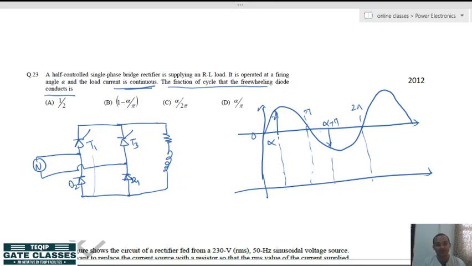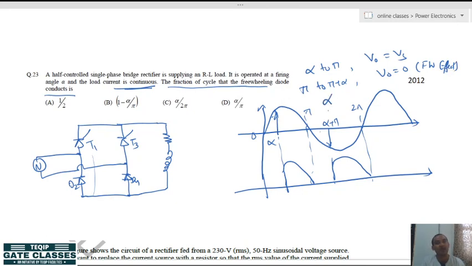So you see, from alpha to pi you get the output. From alpha to pi, V naught is equal to Vs, we have done earlier also, and from pi to pi plus alpha, V naught is 0 because of the freewheeling effect, all right. So it means the freewheeling diode is conducting for alpha radians.